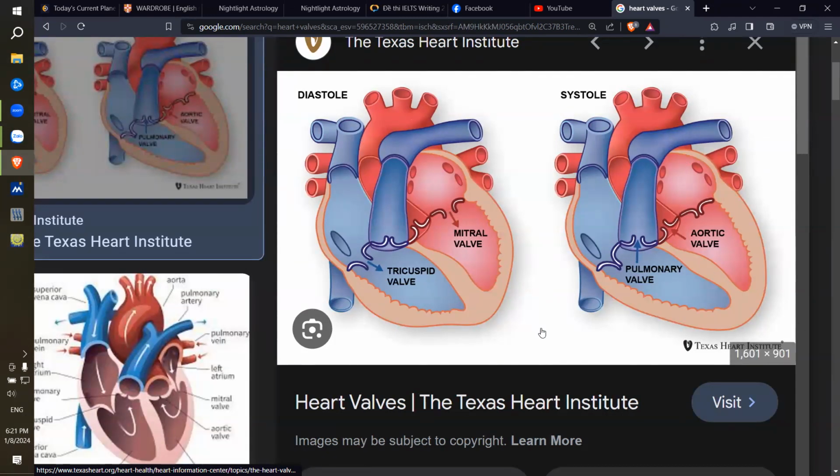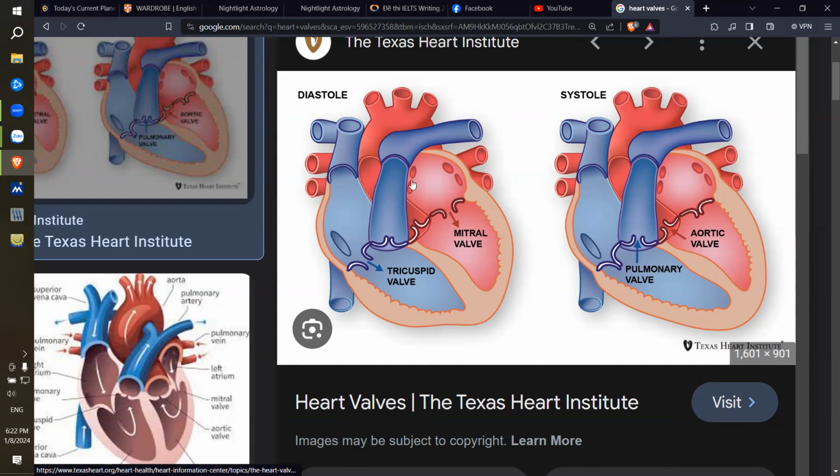For diastole, how about that? Diastole is basically when the ventricles relax. The muscle relaxes, and then the blood from the right atrium will flow to the right ventricle.